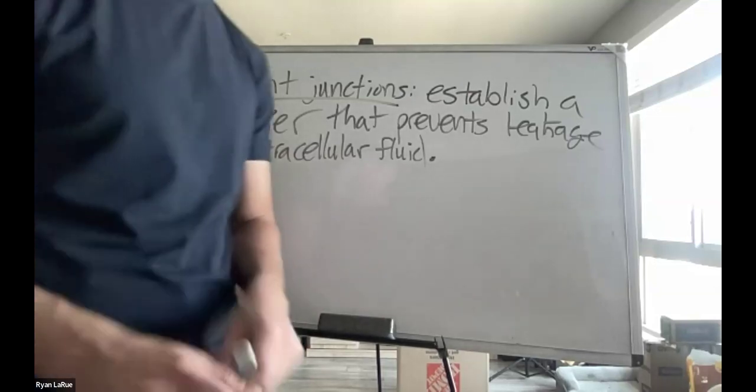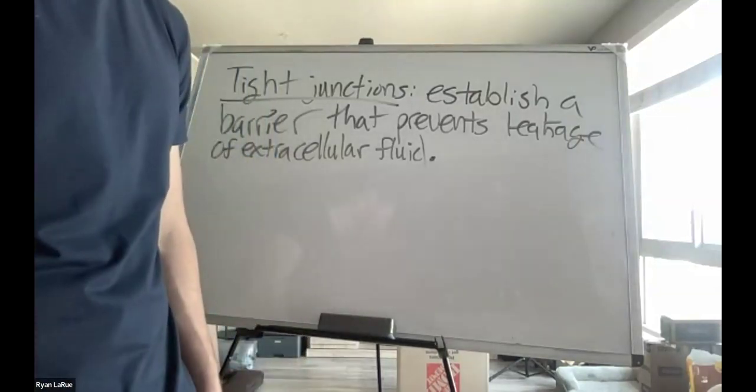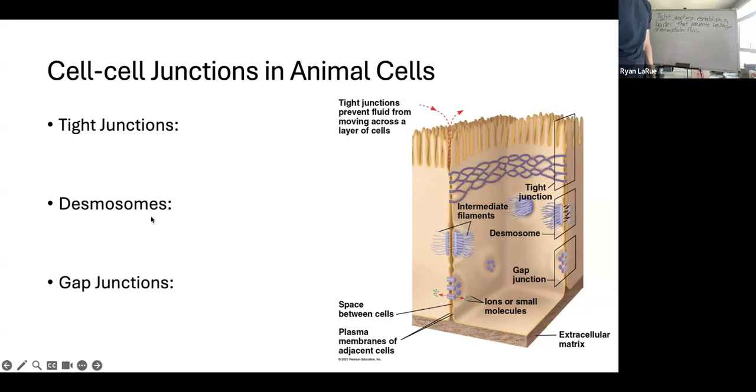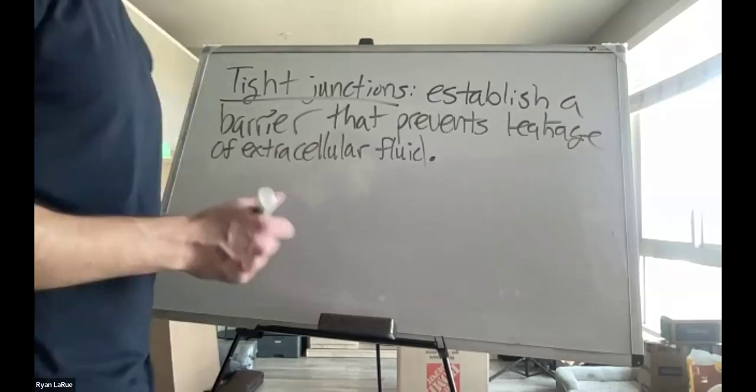So that's one example. The next we have desmosomes, and here's a cool image showing this. Here you have the tight junctions preventing fluid loss. Desmosomes are next. Desmosomes are a little interesting.